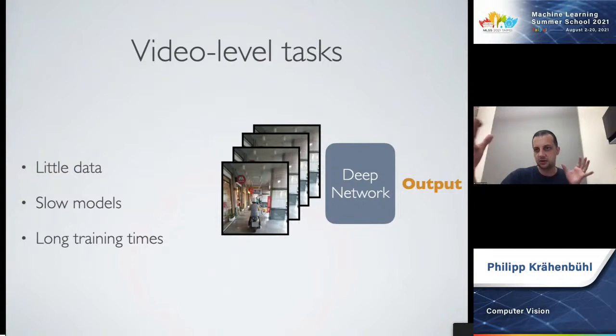Models, since they now need to reason about space and time, or image coordinates and time, become very slow, and training becomes longer and longer. And so for many of these video level tasks, really only a few labs in the world can do them with these inflated models. These labs are Google, Facebook, and other big companies. For most other people, trying to compete in this game, video level tasks is going to be an uphill battle.